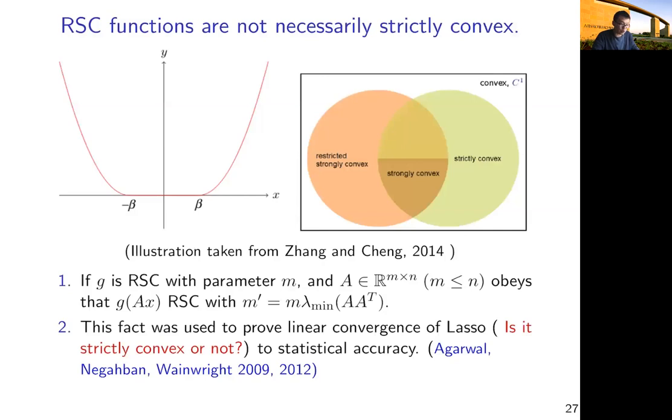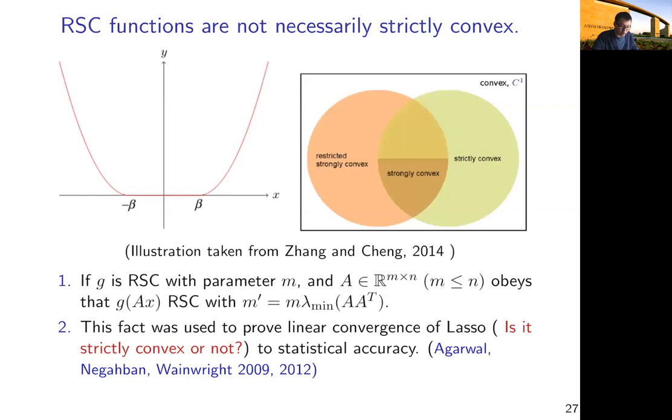On the other hand, you should expect this function to be as easy to minimize as a quadratic function. These are the kind of functions that are captured by RSC, but not by strong convexity. More interesting examples that actually motivated the definition of restricted strong convexity are problems like high-dimensional linear regression, like lasso.